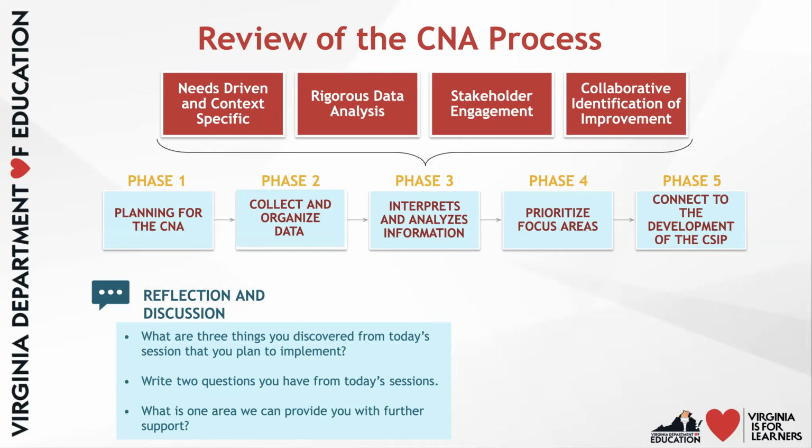Hopefully, as we move through the 5 phases, you were able to see the 4 essential elements embedded throughout every single phase. We talked about the need for need-driven and context-specific information and data, the need for rigorous data analysis. I spoke quite a bit about stakeholder engagement. And lastly, the collaborative identification of improvement.